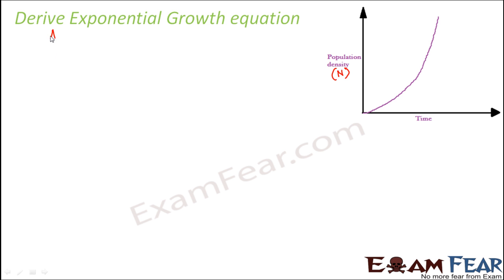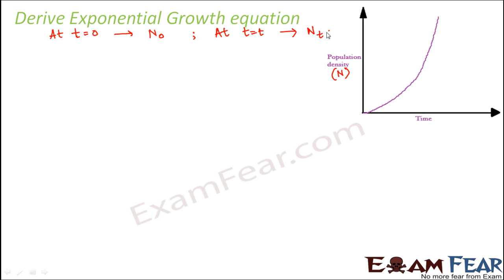So let us say that at an initial time, t equal to 0, the population density was N naught. And after time t, the population density was Nt. This is how we denote the population density at different times.